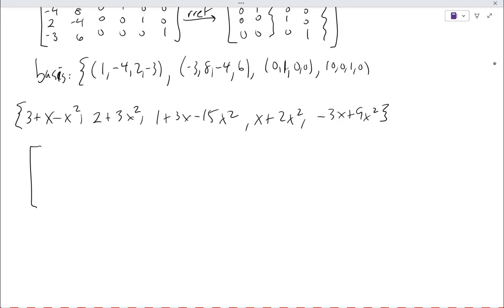So your first column would be 3, 1, negative 1. If I do it the way it's written, what would the next column be? 2, 0, 3, good. The next one would be 1, 3, negative 15. 0, 1, 2, 0, negative 3, 9. Oops. Right? And then we'll row reduce.